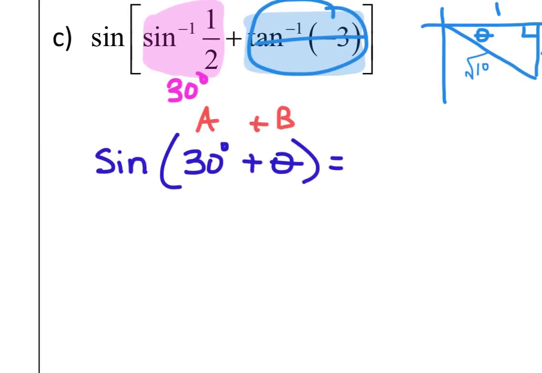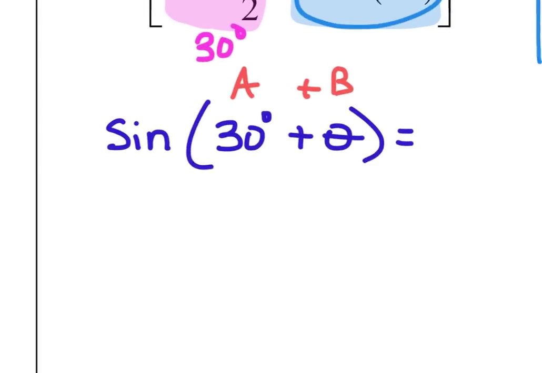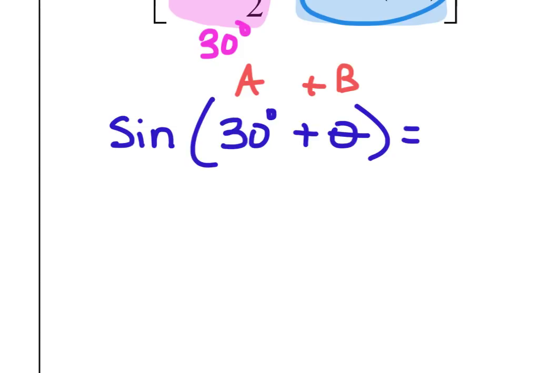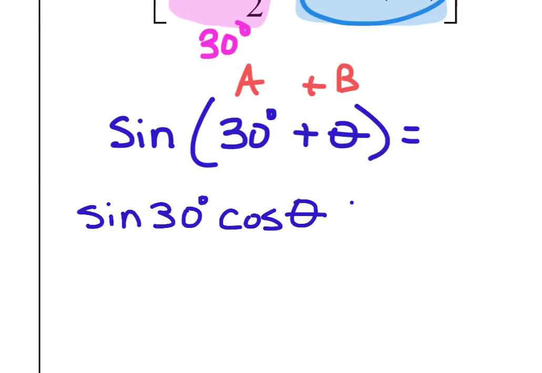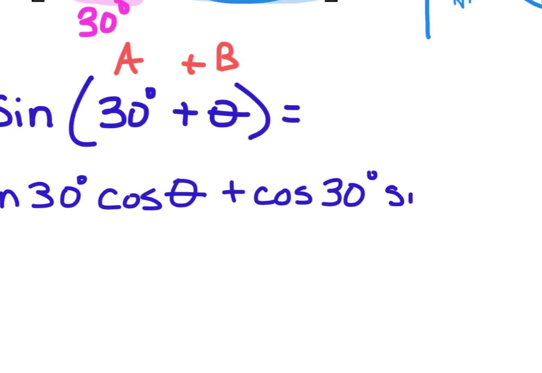And so the formula for the sine of a sum is sine times cos, so sine of 30 times cosine of theta plus cosine times sine, so cos of 30 times sine of theta.